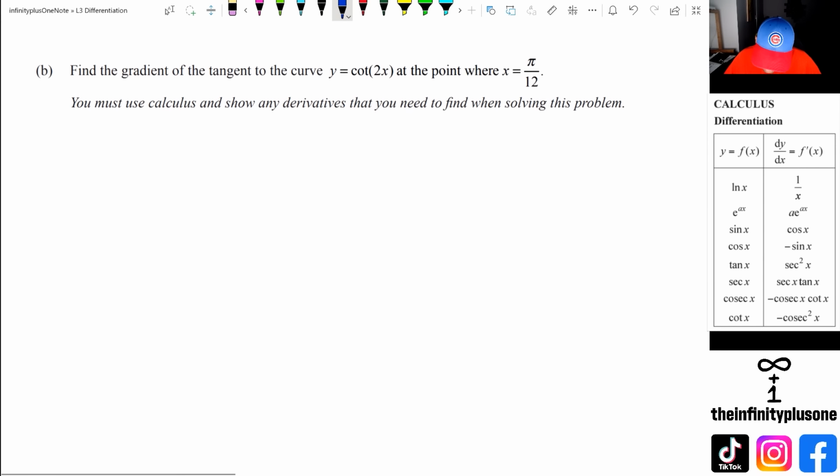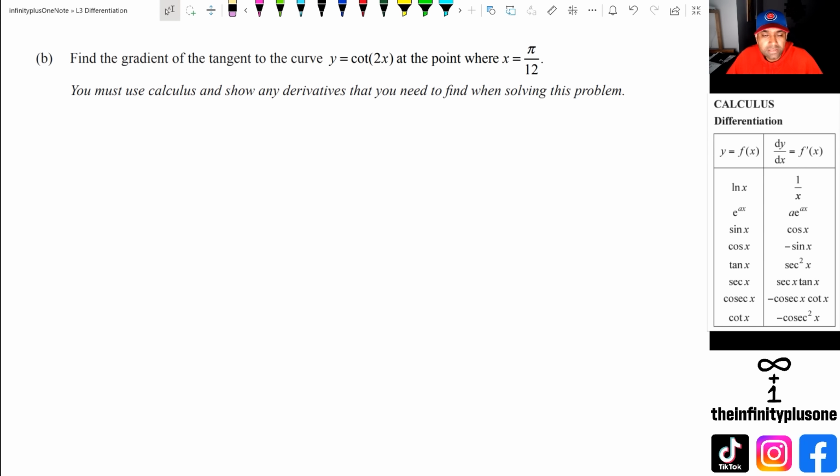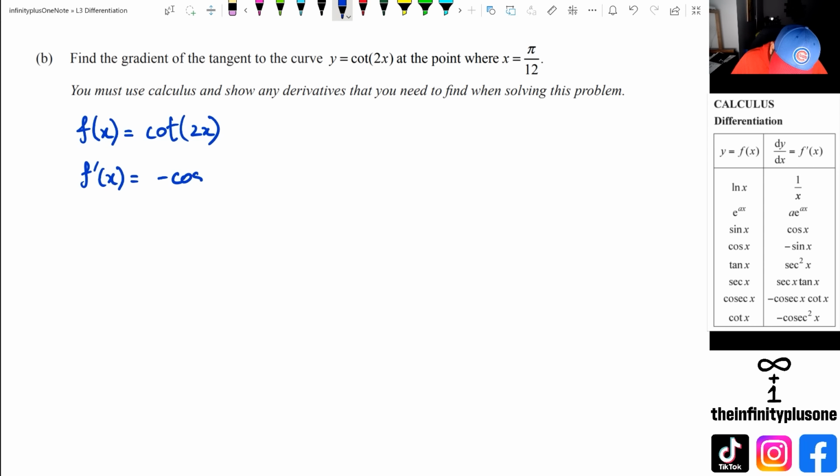Alright, question 2b. Find the gradient for this curve at the point where x equals pi over 12. So we've got f of x is equal to cot 2x. Now cot differentiates to minus cosec squared x, so f dash of x equals minus cosec squared 2x, multiplied by the differentiation of this, which happens to be 2.